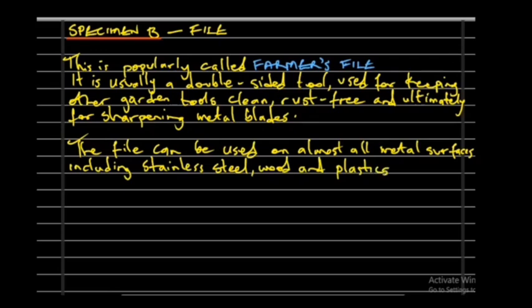So we can actually use this particular file, this particular specimen, on any of these things, and it can actually be used to make them sharp, even to clean them.